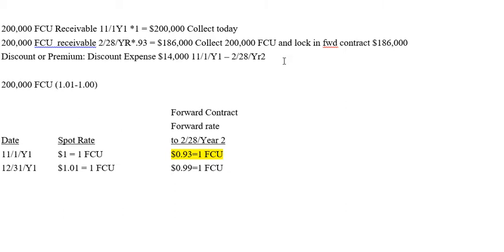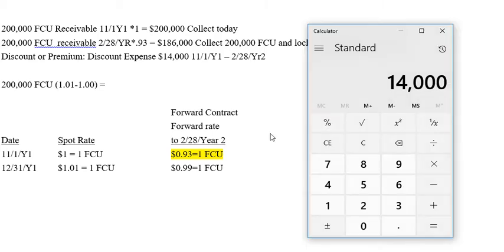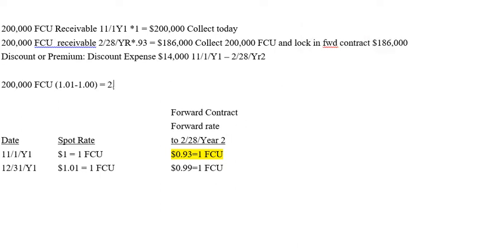It went up by 0.01. We just want the change, right? And we could see how much it went up by. 1.01 minus 1 times 200,000. My gain was 2,000 gain on foreign exchange.